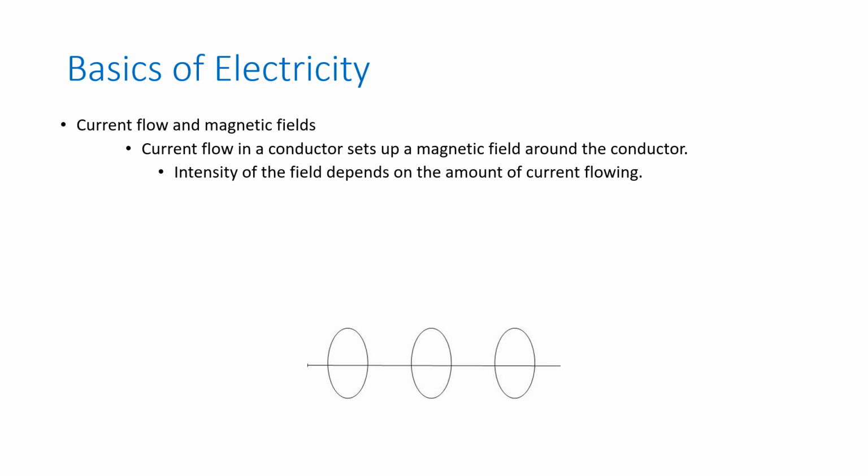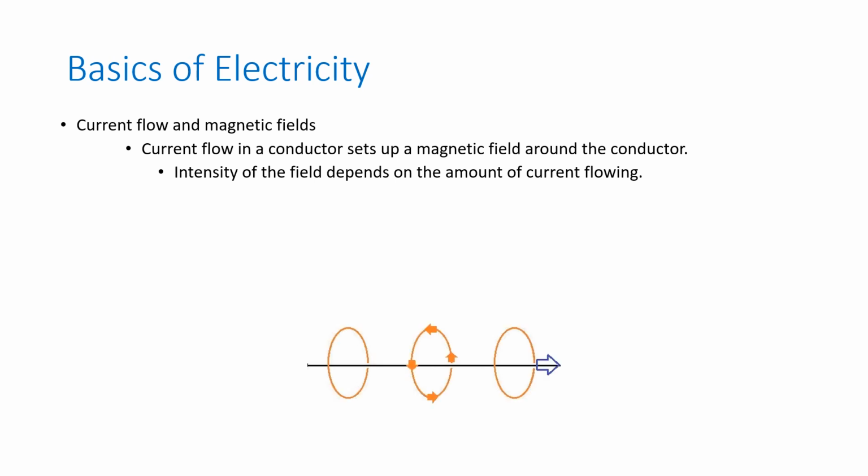Think of it more as an infinite number of loops in an infinite number of places. The strongest loops are going to be very close to the wire. These loops here are spaced out from the wire, so they're relatively weak. And again, the more the current, the stronger all the fields become, but the fields close to the wire are always stronger than the fields farther from it.